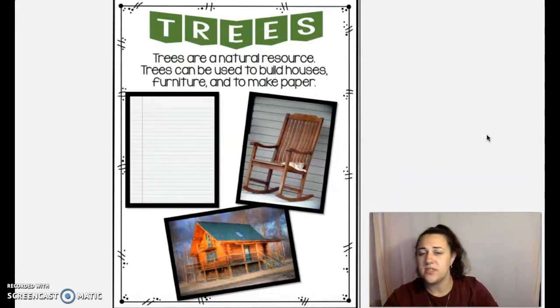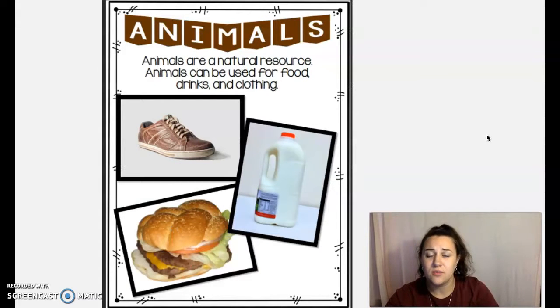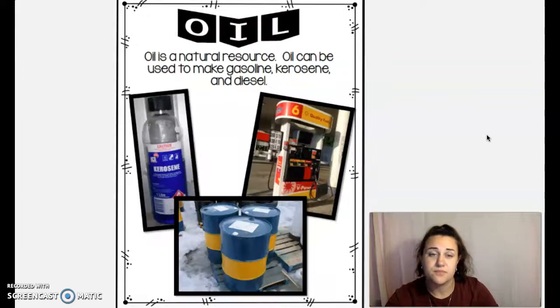We talked about trees and how we use it for paper and chairs and tables and houses and buildings. We talked about animals, how we use them for clothing and shoes and drinks and food. Some of our favorite food comes from animals. Talked about how we use oil for gas, and we use oil in our car and the gas for our car and to heat our housing. Right? So these are all different ways we use natural resources, and we use them in many ways.